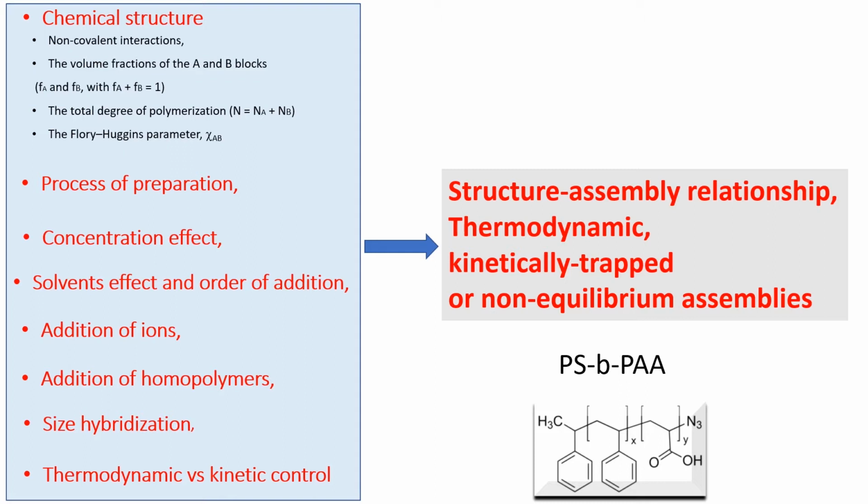Other parameters that can affect it are the process of preparation, the concentration effect, the solvent effect, the addition of ions, the addition of homopolymers, the size hybridization, and the study of thermodynamic versus kinetic control.